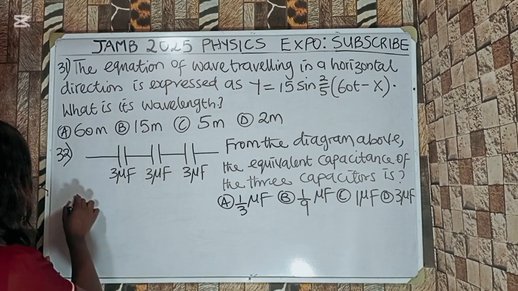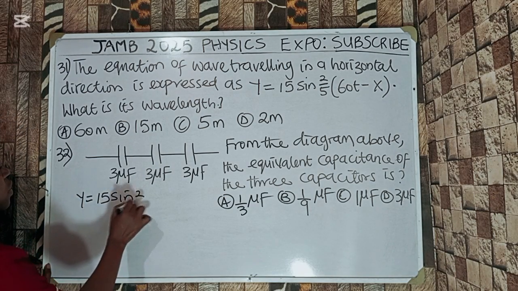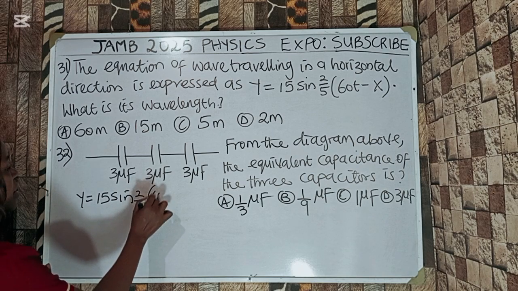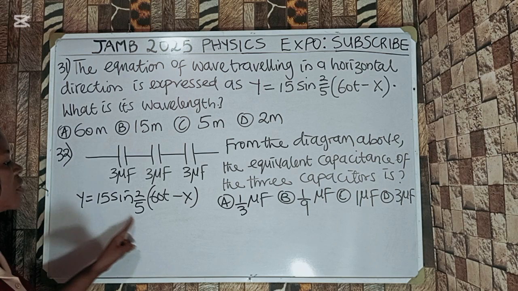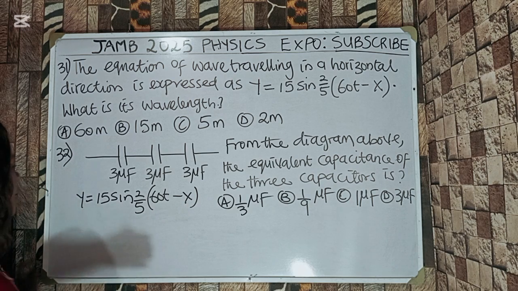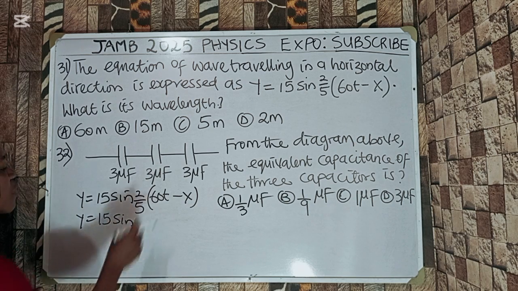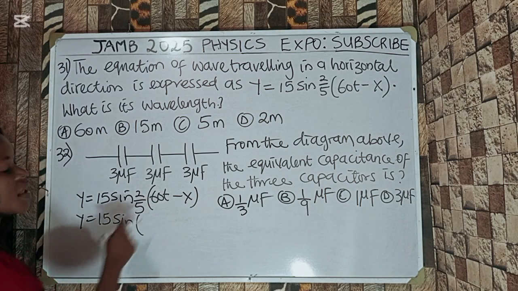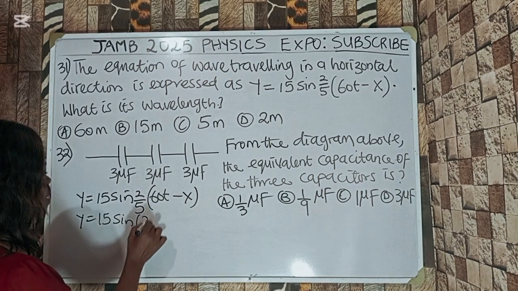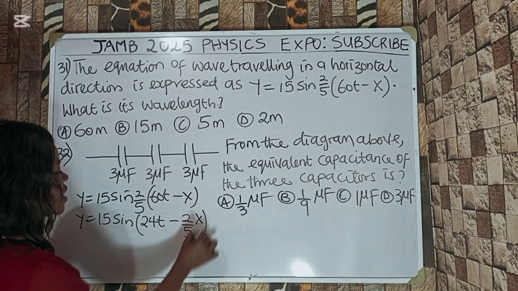For us to solve this, we have y equals 15 sine 2 over 5 bracket 60t minus x. So let's open this bracket and see what we have. We have that y is equal to 15 sine, this multiplied by this is going to give us 2 times 60 is 120, divided by 5 is going to give me 24t minus 2 over 5 x, right?